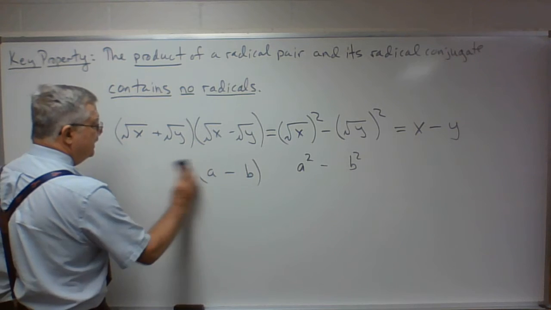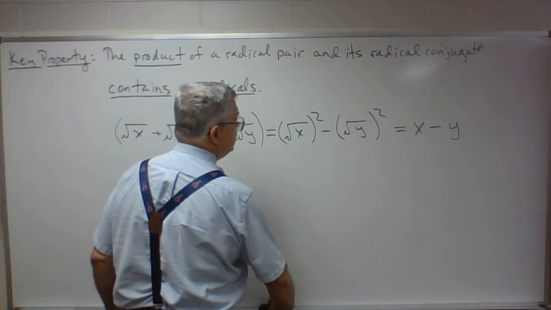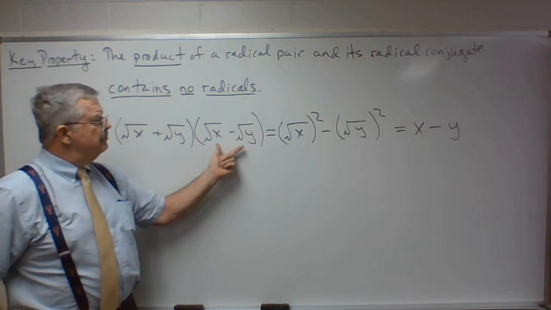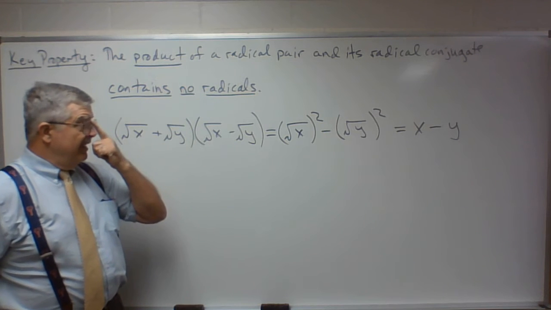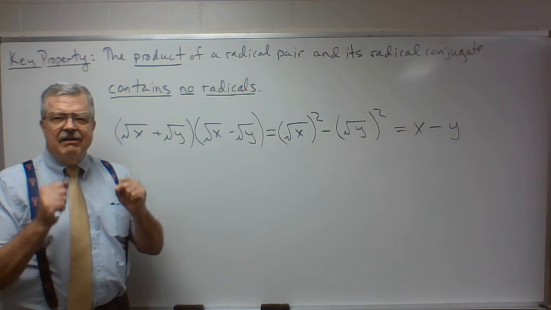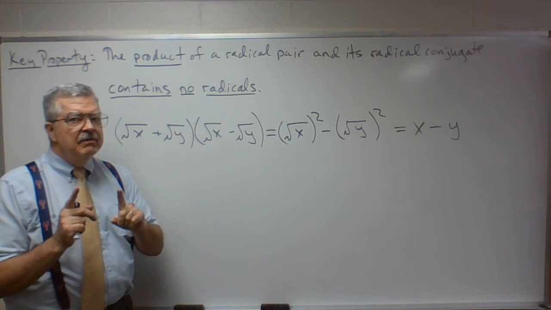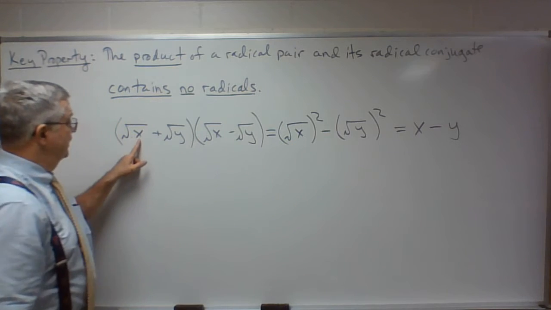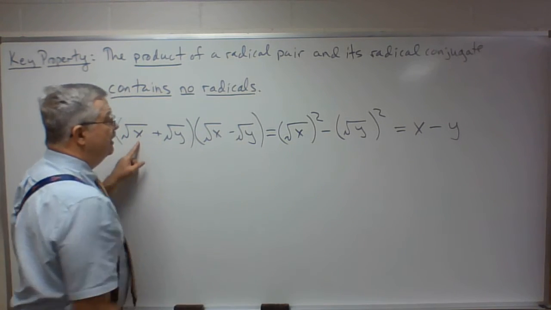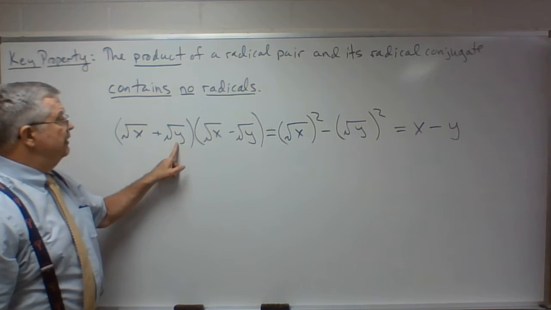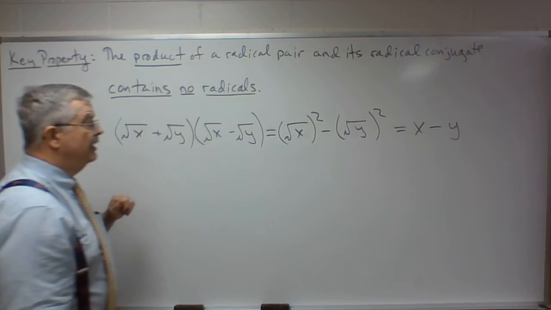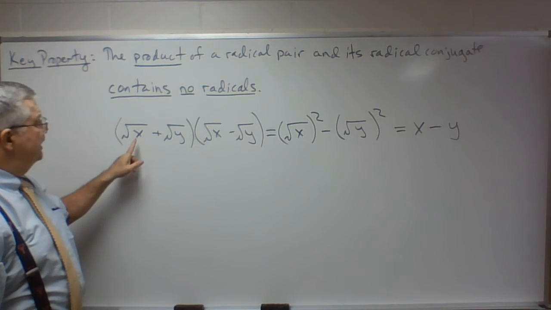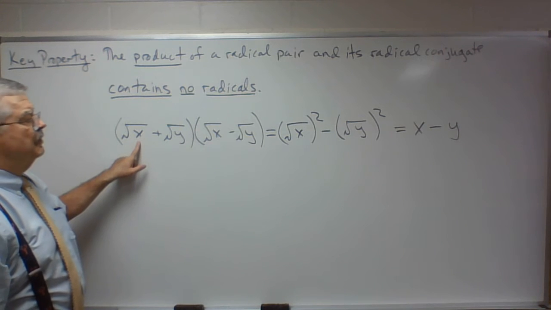Now, there is something else that I would like to draw attention to. When we take a radical pair and multiply it by its radical conjugate, and we're trying to figure out exactly what we're supposed to get, notice what we do get. We get the first thing squared minus the second thing squared.